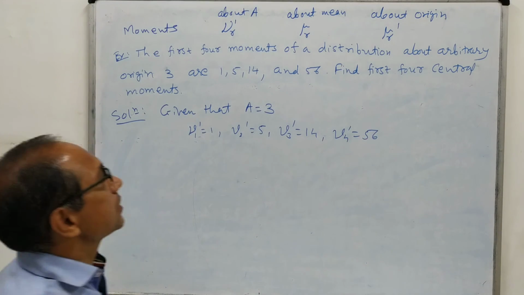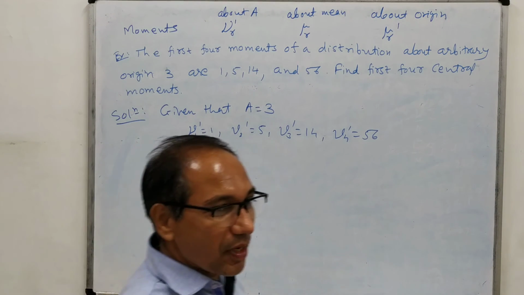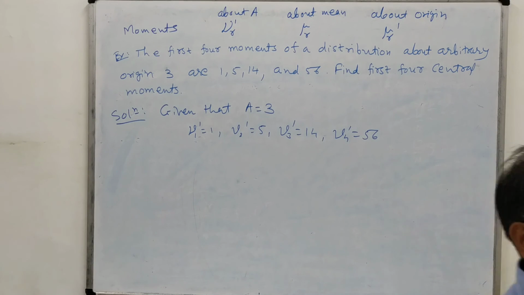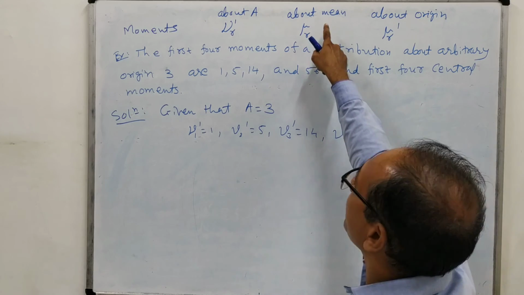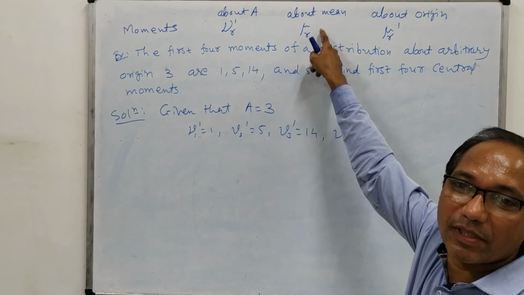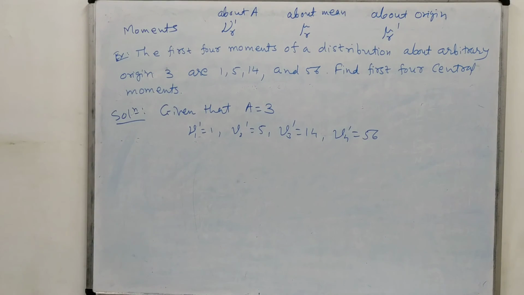And by using this, here we don't want to use the direct formula for finding the central moments. Here we want to find out the first four central moments. First four central moments means what? As we discussed last time, these are the moments about the mean. Okay?